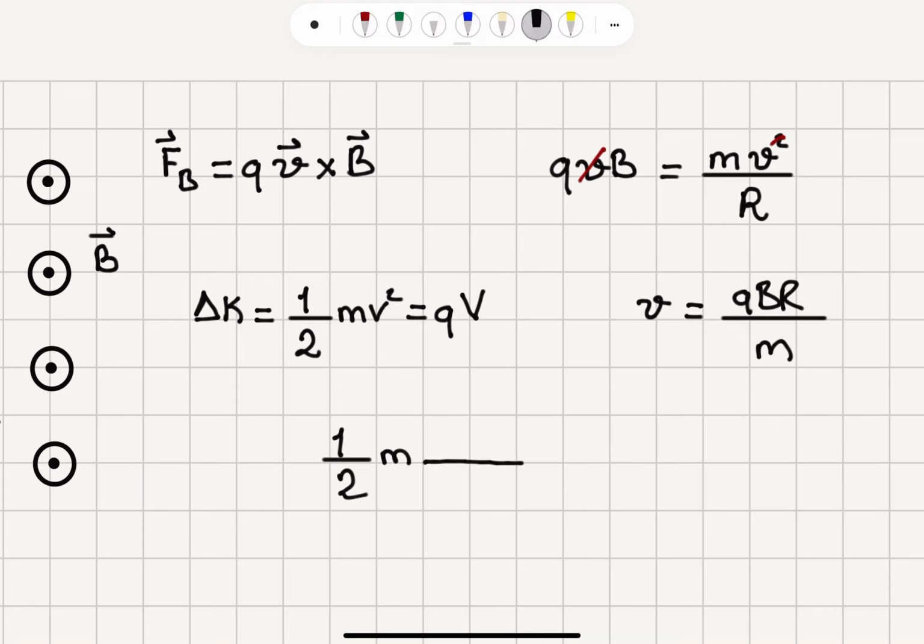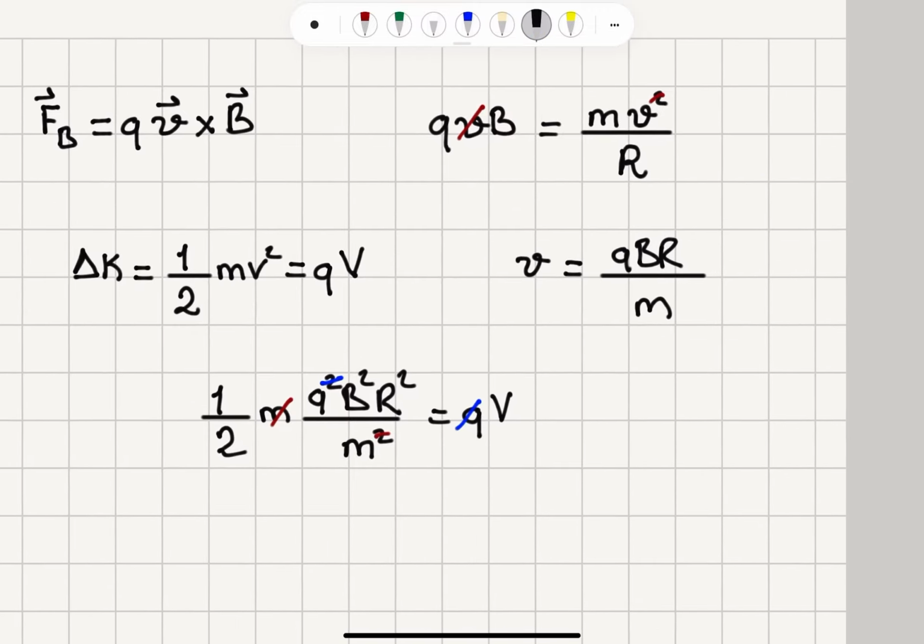So Q squared B squared R squared over m squared is equal to Q times the potential V. Now you can see that one of the m's will disappear and one of the Q's will disappear.